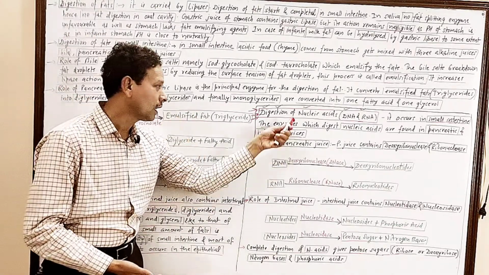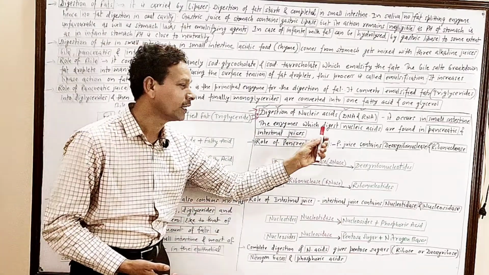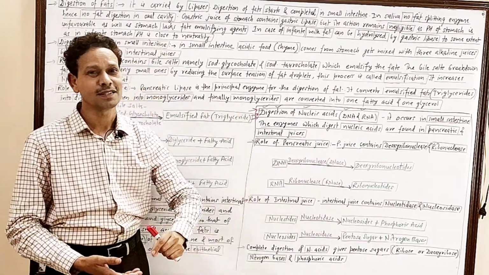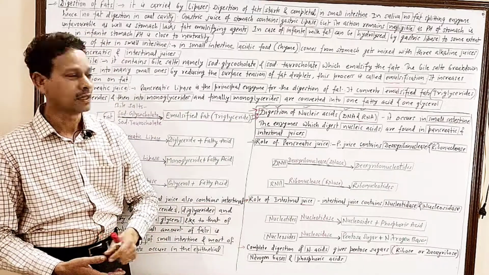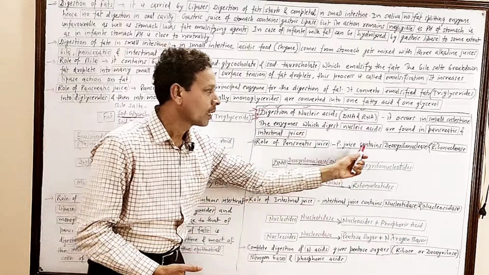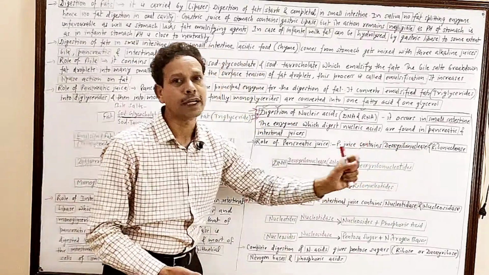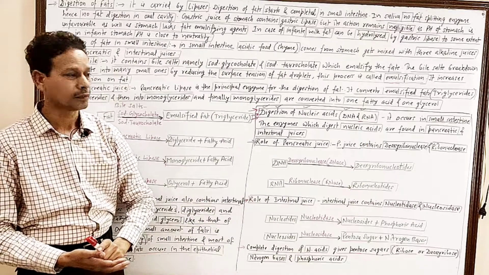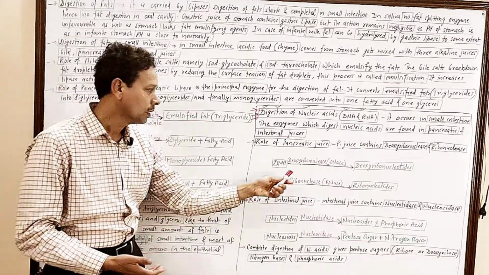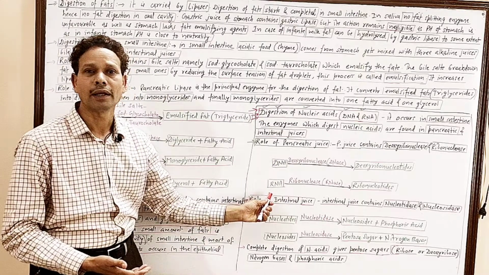First of all, the role of pancreatic juice. This pancreatic juice contains two enzymes. One is DNase, deoxyribonuclease, and the second enzyme is ribonuclease. These two enzymes, one acts upon DNA and the second on RNA.